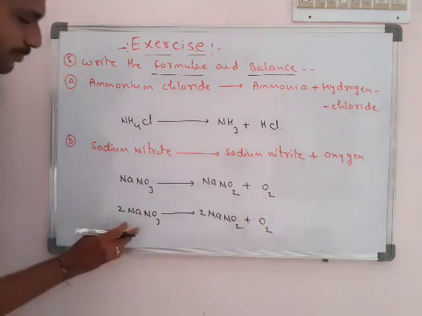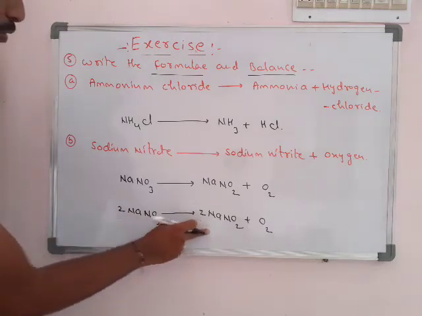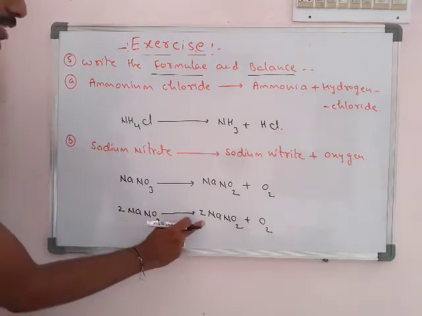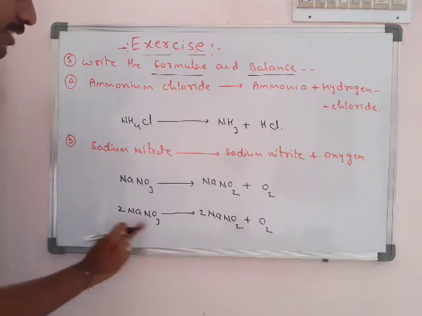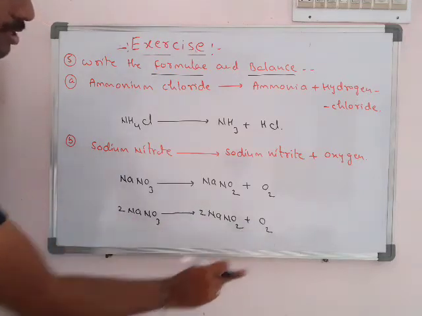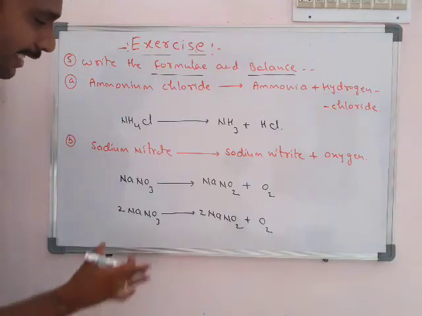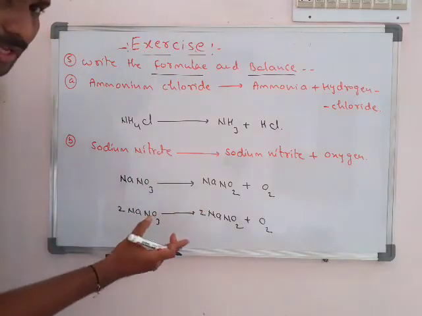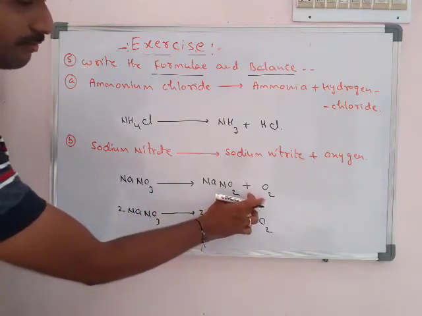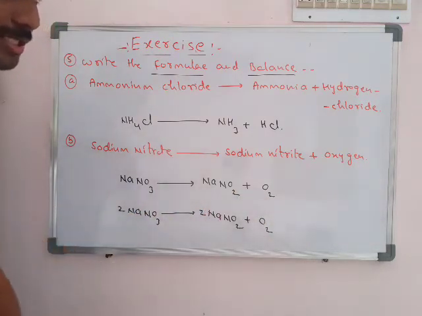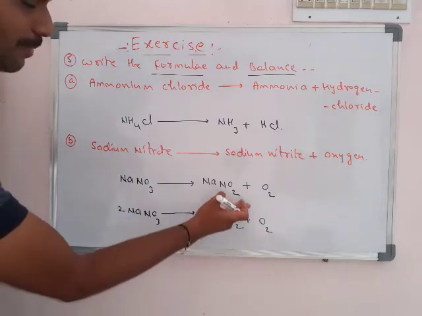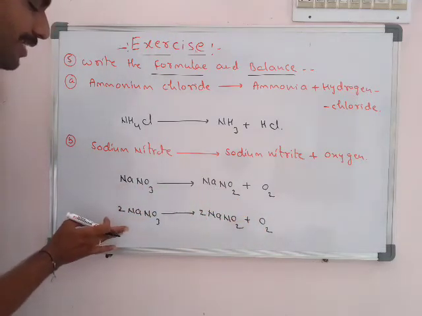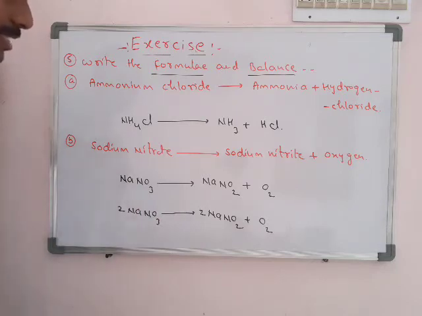Now try it. 3 to the 6 oxygens, 2 sodium, 2 sodium, 2 nitrogens, 2 nitrogens, 2 to the 4, 5, 6 oxygens. So we know the technique that when one side has an odd number and the other side an even number, just leave the free elements, hydrogen or oxygen, and multiply the remaining compounds by 2. Then it will be balanced easily. Okay.